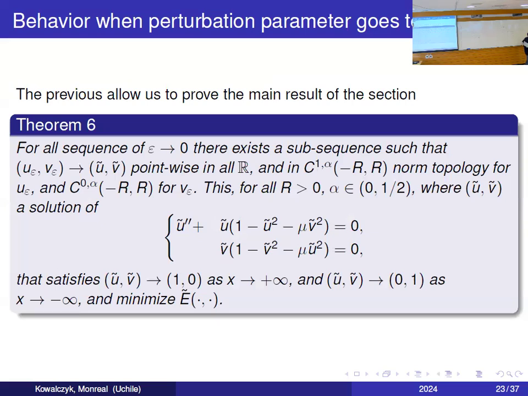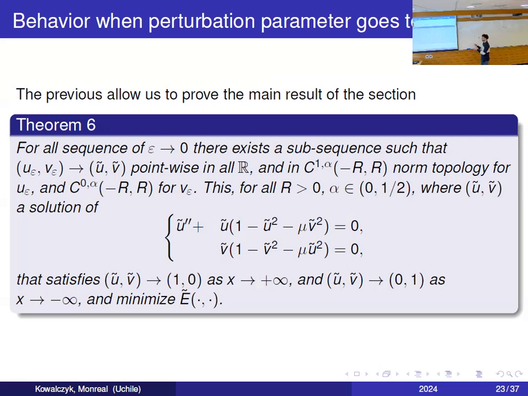And the limit functions are the solution of this equation, which is the Thomas-Fermi limit approximation equation, and satisfy the boundary conditions at infinity and minimize the functional. So we have all these conditions. Also, they are a displacement of U0.